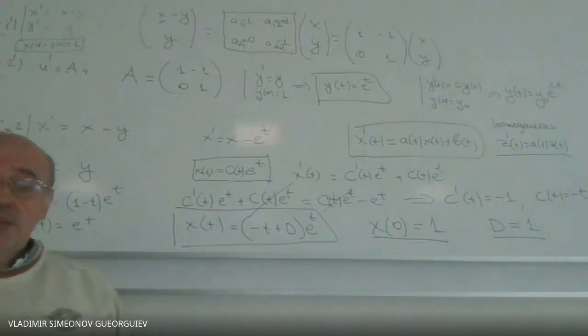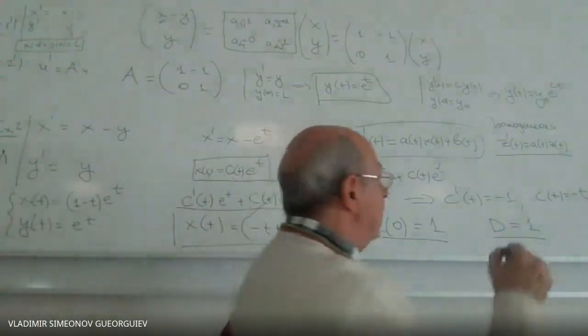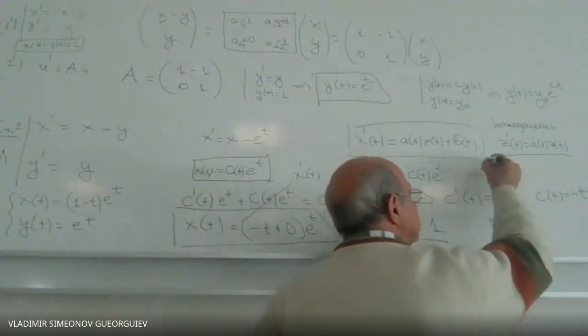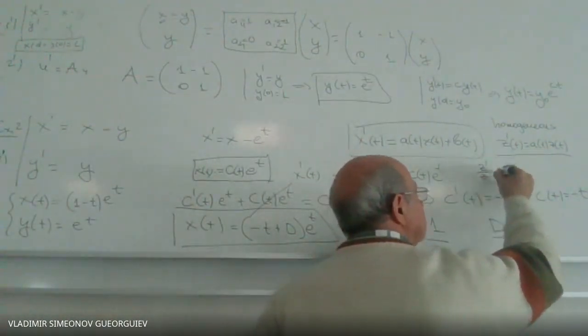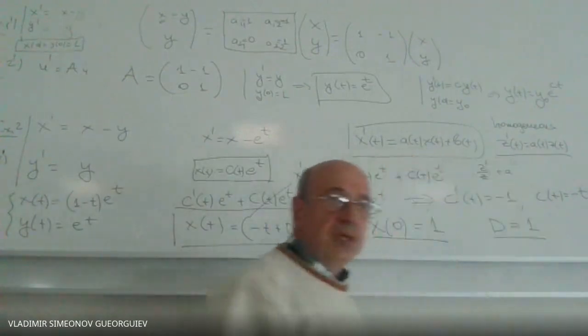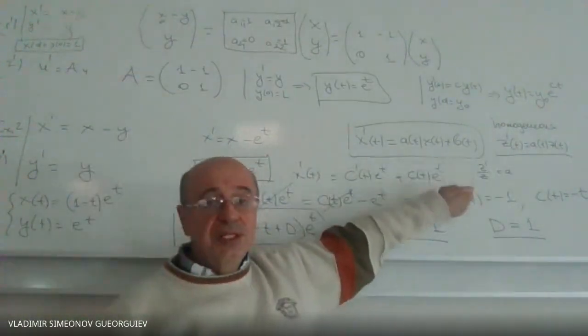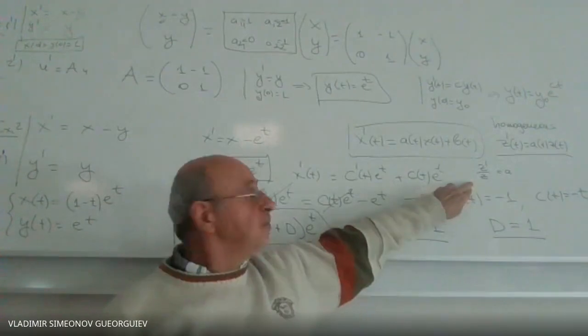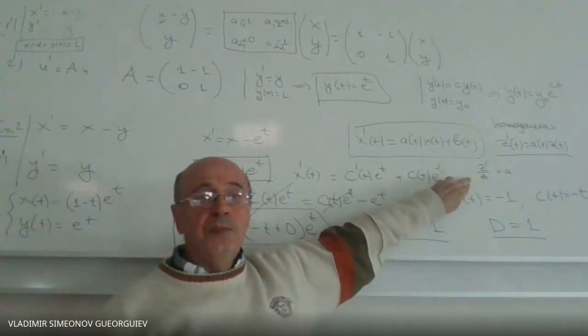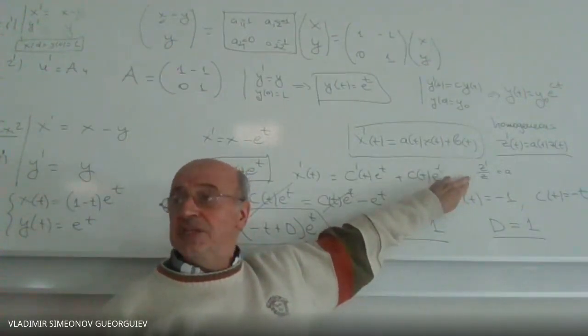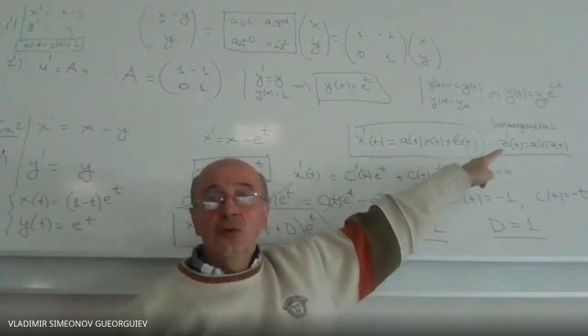Because we can make a separation of variables. This is quite a simple case. Remember that we have zeta prime over zeta is a. We can rewrite in this form. We divide by zeta.